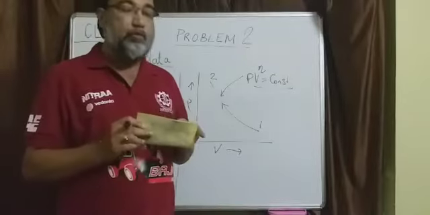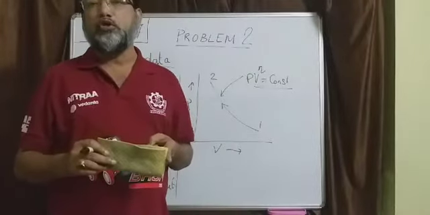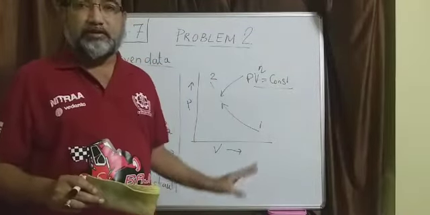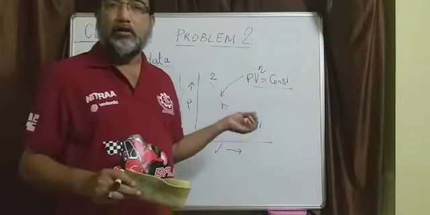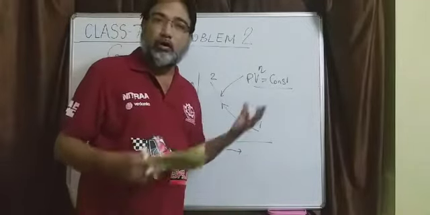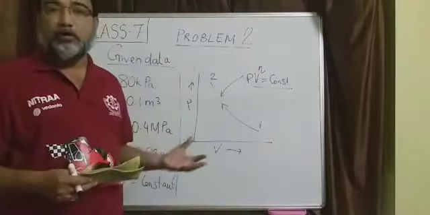So you already know P1V1 and you already know P2V2. If you can get the value of n, then it is a case of simple arithmetic, addition and subtraction. So all that you need to do here is to find out the value of n.